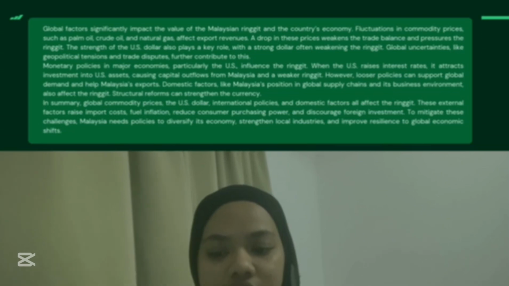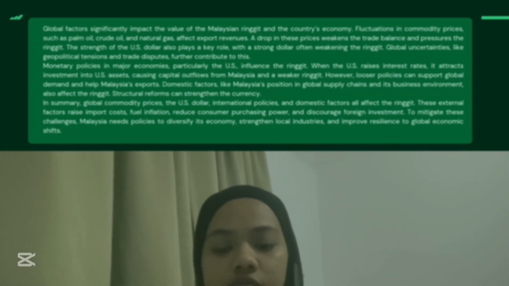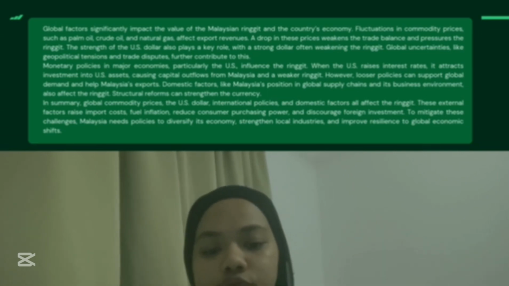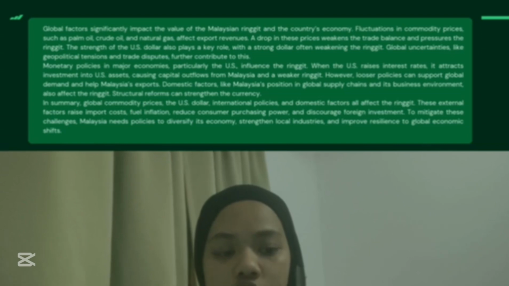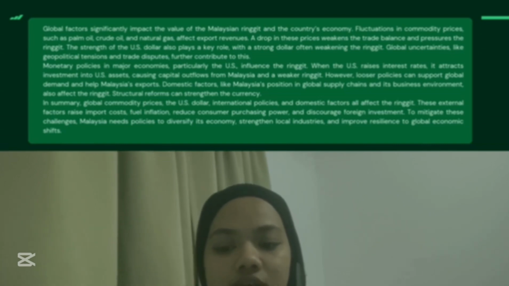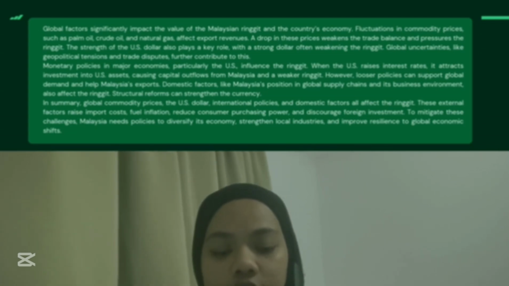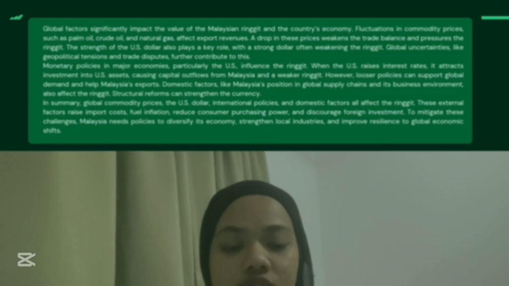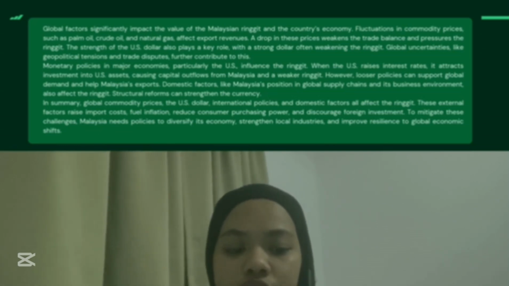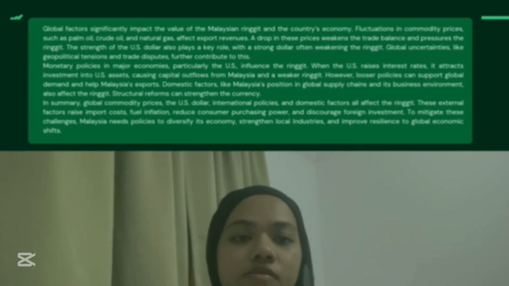These external factors raise import costs, fuel inflation, reduce consumer purchasing power and discourage foreign investment. To mitigate these challenges, Malaysia needs policies to diversify the economy, strengthen local industries and improve resilience to global economic shifts.